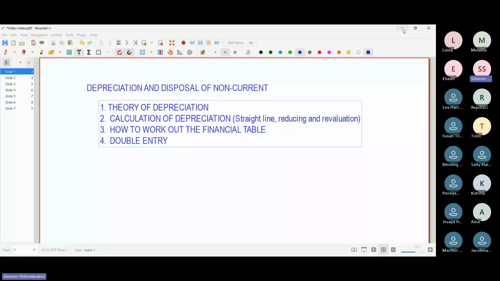Now, the double entry, for example, I need to give you an example. Like I said, I need to do it step by step.